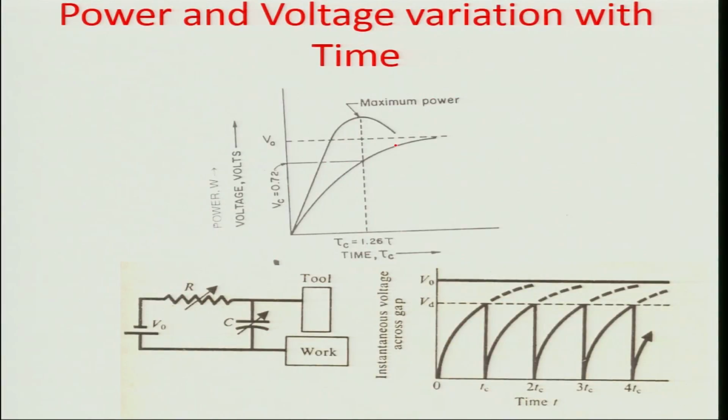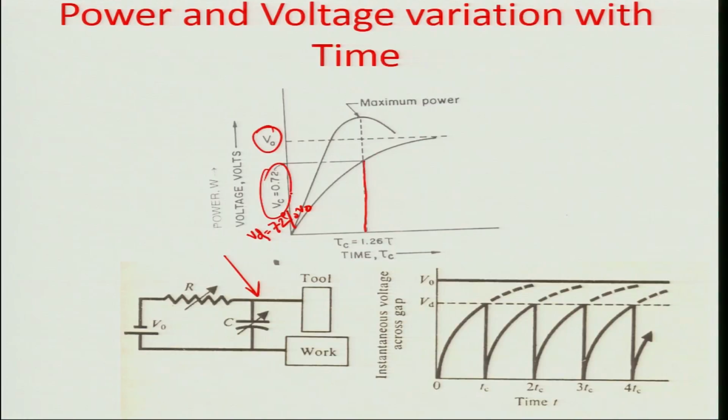So here you have an operational voltage of the power source V0, and the best idea would be to go all the way up to the discharge voltage VD, about 72% of V0, and then start discharging from this level.